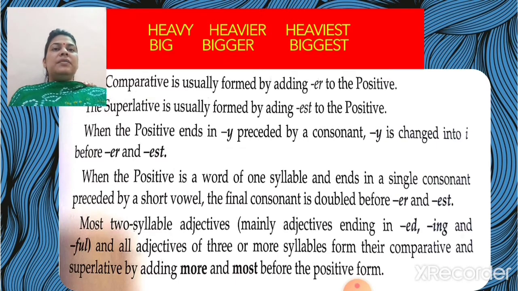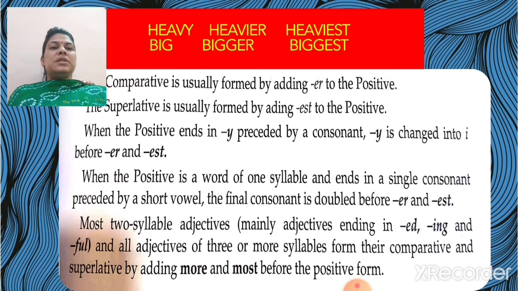The comparative degree is usually formed by adding ER to the positive degree. We have seen ER was added: tall, taller, tallest. So ER and EST are added. When the positive ends in Y, see the example given above, heavy, heavier, heaviest.